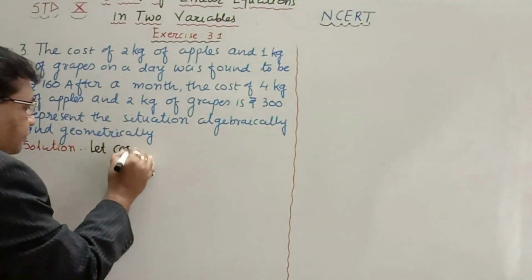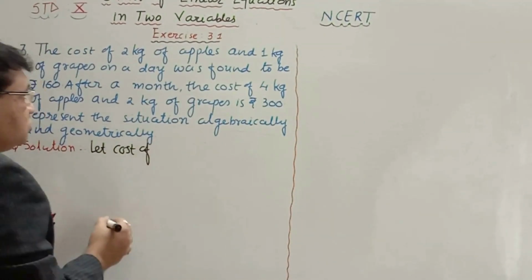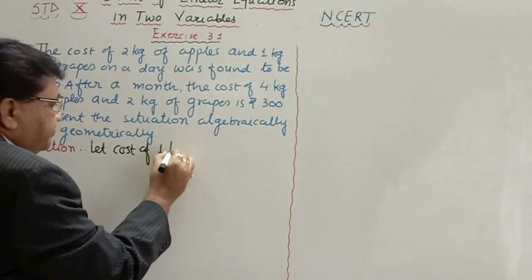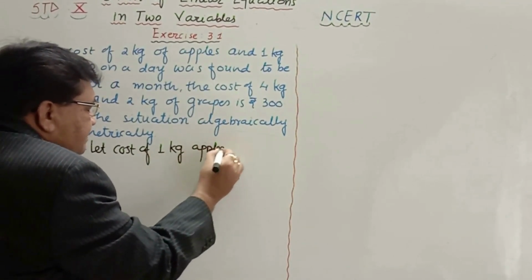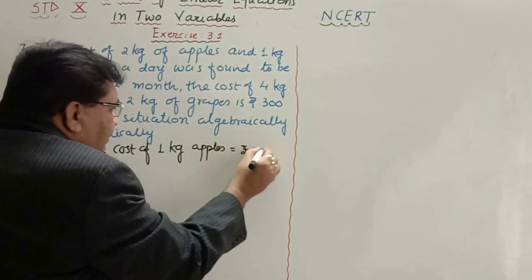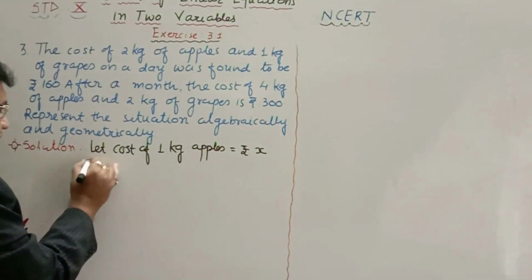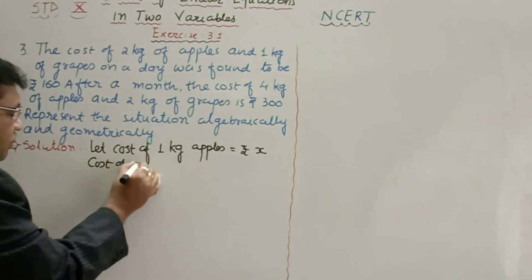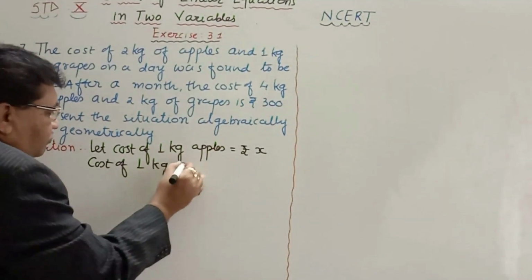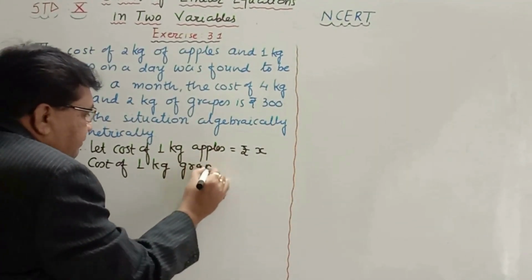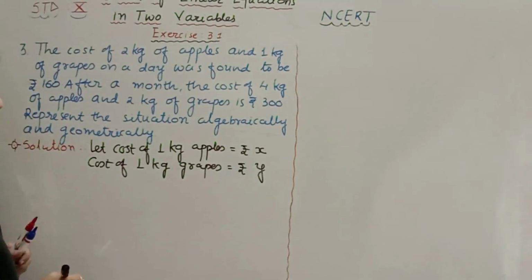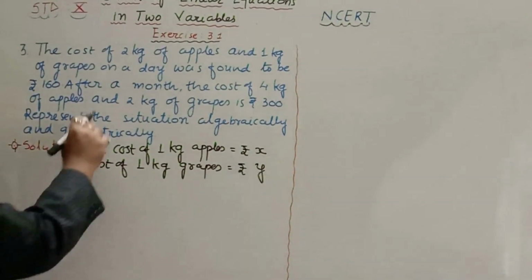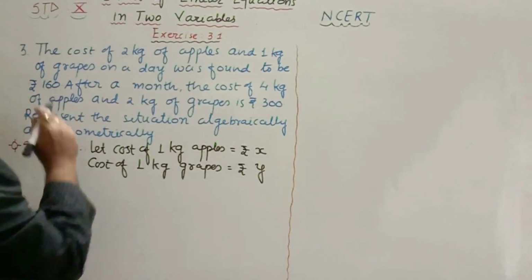Let the cost of 1 kg of apples be rupees x and the cost of 1 kg of grapes be rupees y. Okay. Total cost is given rupees 160.